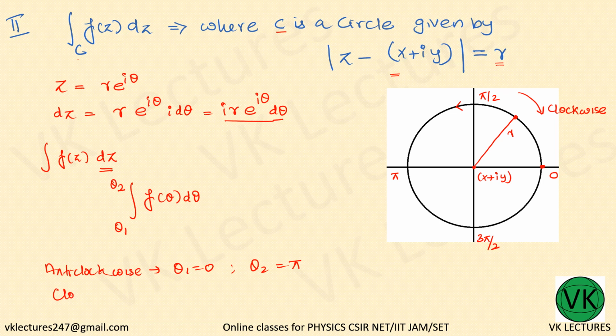Clockwise means the theta 1 will become pi and theta 2 becomes 0. Similarly, if it is from pi to 3 pi by 2 or pi by 2 to pi, it all depends on whether the integration is taken over clockwise or anti-clockwise direction.